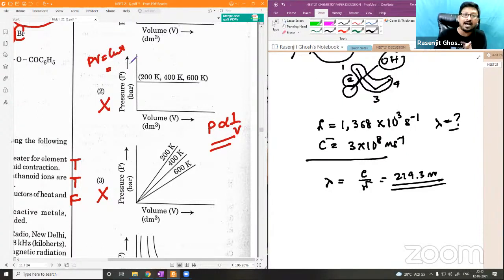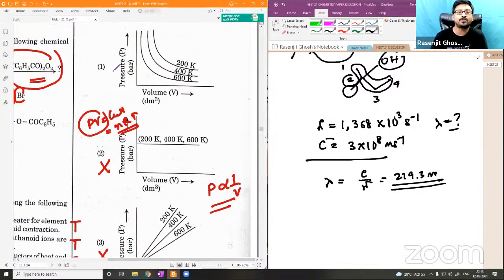In the ideal gas equation, PV is equal to nRT, which is a constant term in case of Boyle's law. Boyle's law says that at constant temperature for a fixed mass of gas, pressure is inversely proportional to volume. So the pressure-volume graph will give you a rectangular hyperbola.